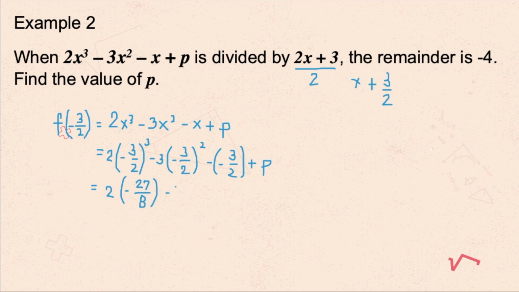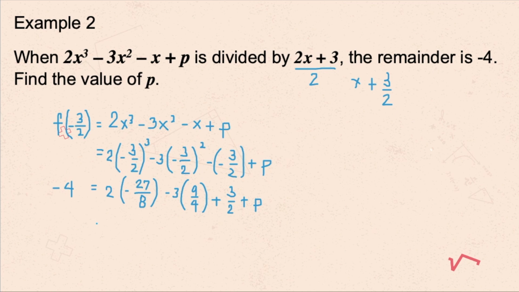Then minus 3 times negative 3 halves to the second power, which will be positive 9 over 4. The negative of negative 3 halves will be positive 3 halves, then copy plus p, which will be equated to negative 4 since the given remainder in the problem is negative 4. So this will be the equals sign.